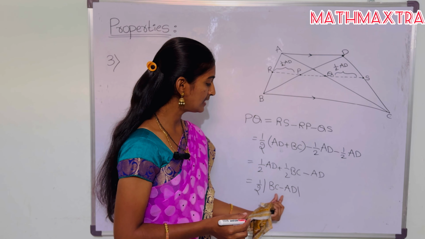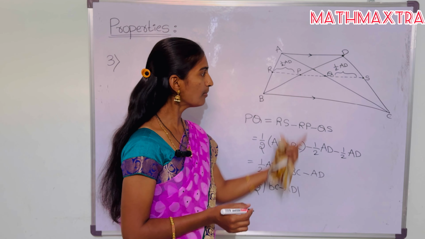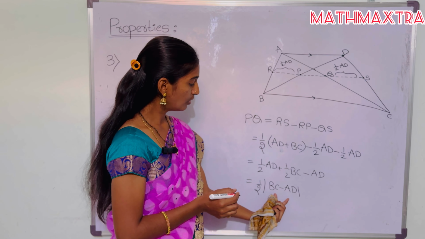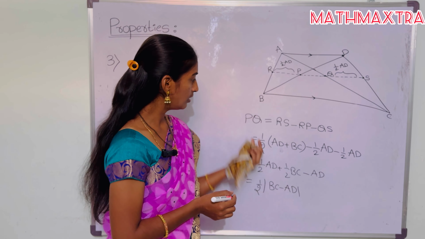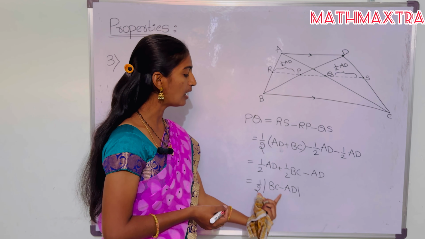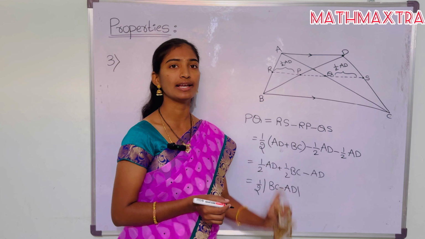What are these BC and AD? These two are the parallel sides of a trapezium. So the length of this line segment PQ is nothing but half of the difference of the two parallel sides.